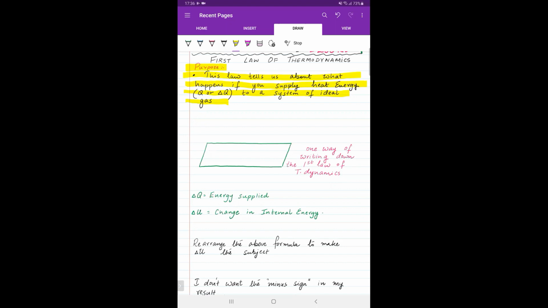Now, बिल्कुल basic level पे If anybody asks you this question, कि यार आप आइडियल गैस को हीट एनर्जी सप्लाई करोगे, what should happen? I guess you'd all agree that energy supplied to the ideal gas can actually be used by the gas to serve two purposes.